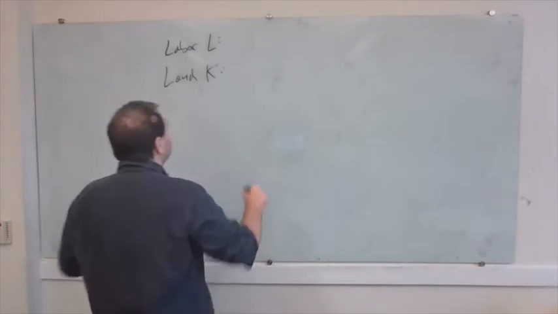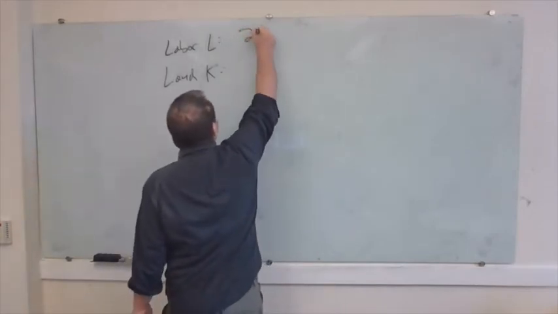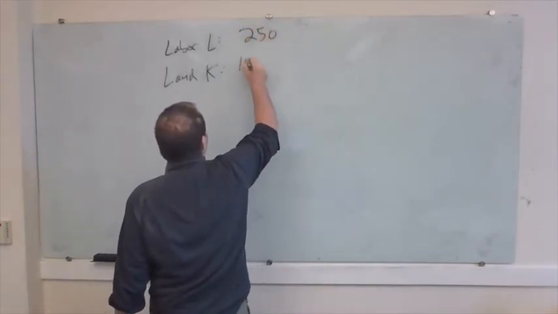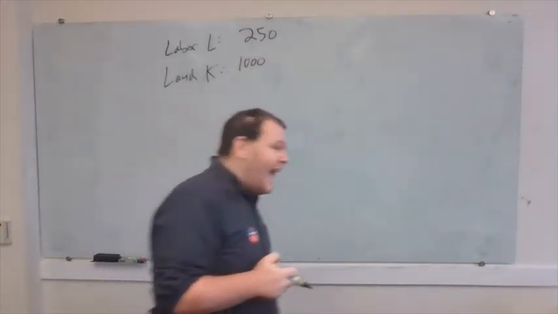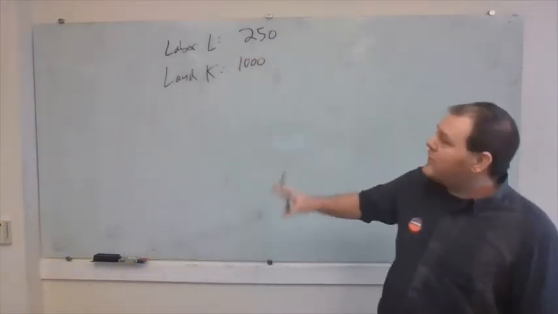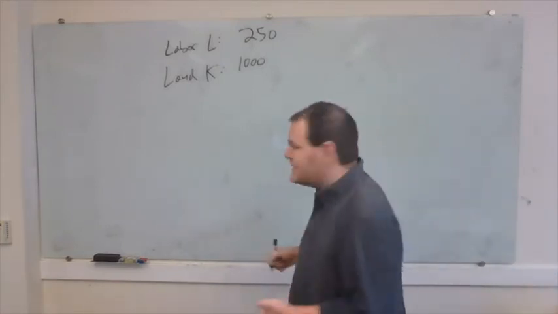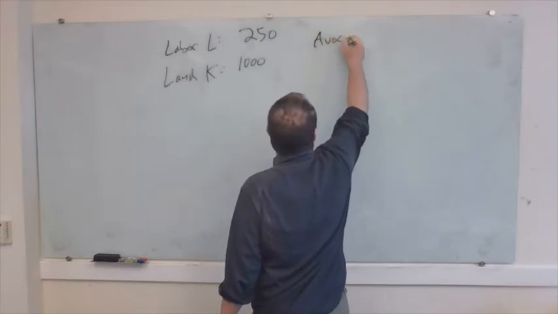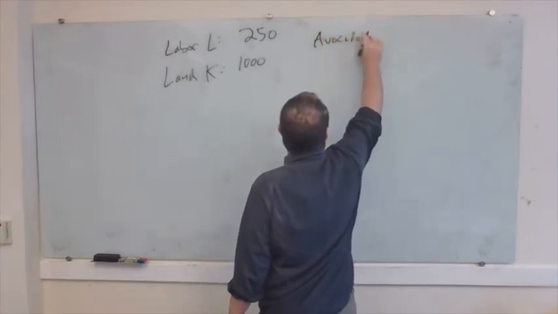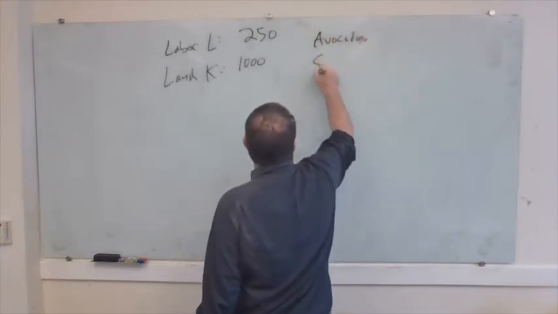So there are exactly 250 workers, and there are 1,000 acres of land. Cool. And using this labor and this land, we've got two different productive industries. We've got the avocado industry and we've got the strawberry industry.